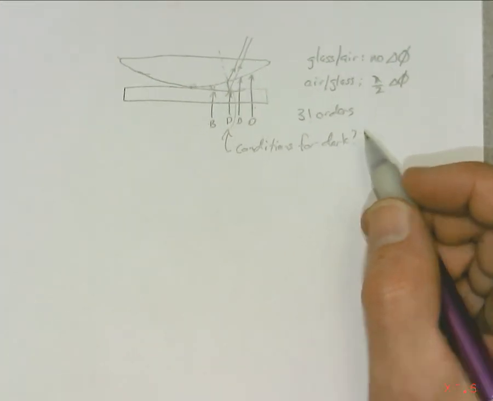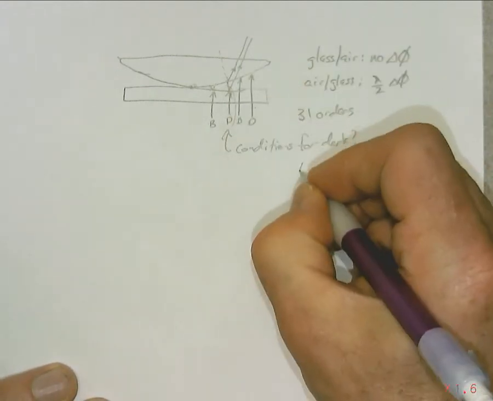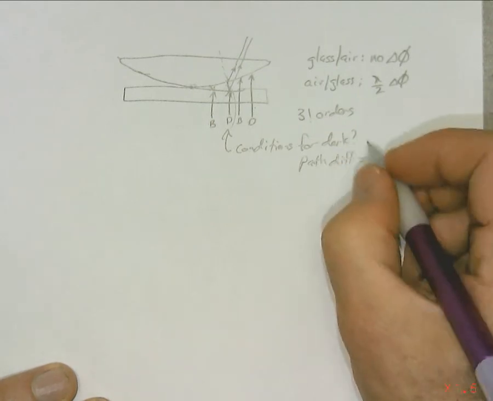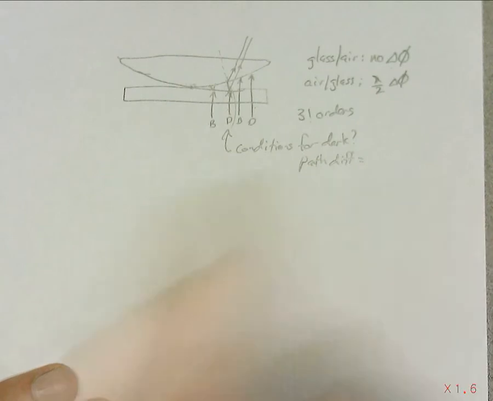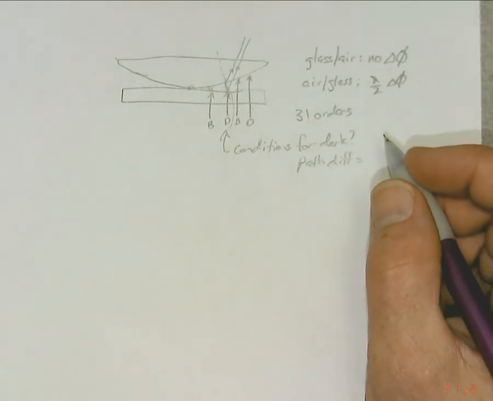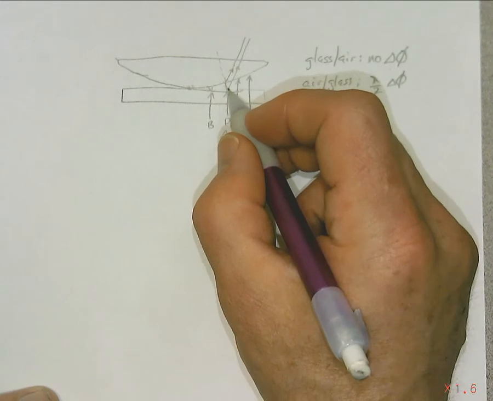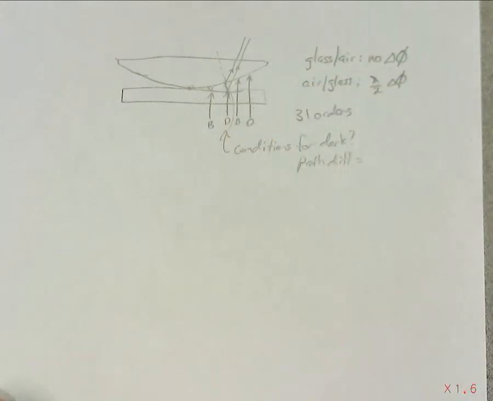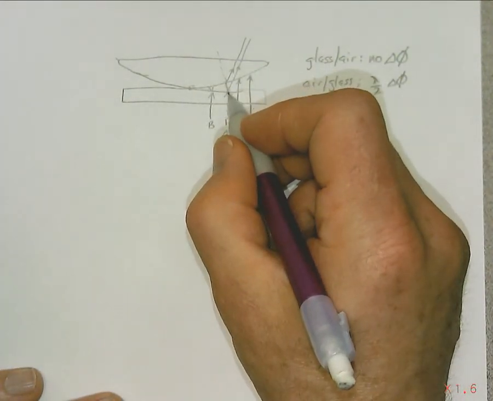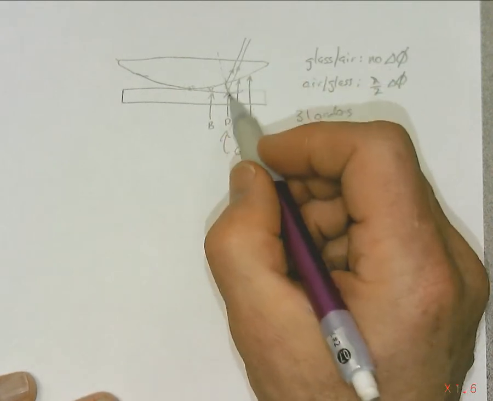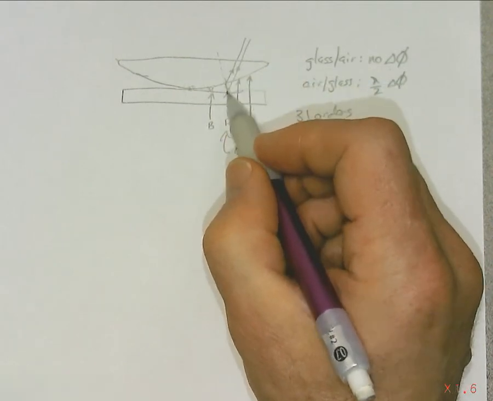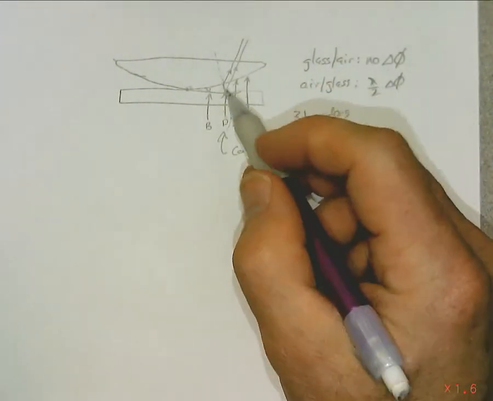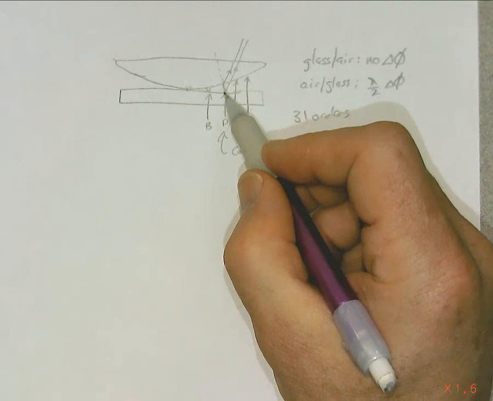All right. So for the dark, we need cancellation. We already have half of a wavelength here, because of the inversion from the bounce from the air to the glass. That produces a half a wavelength, which makes it dark, and that's automatic.